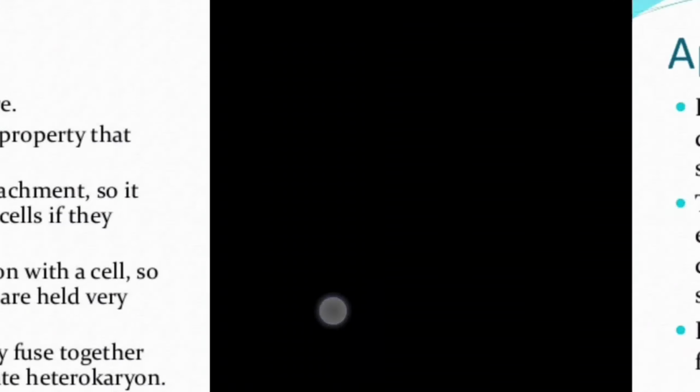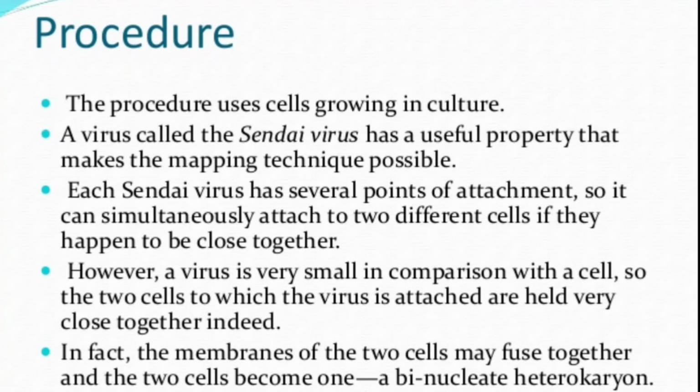Okay, now what is the procedure for somatic cell hybridization? Basically the procedure uses cells growing in cell culture. How come? Here the technique is using a virus called Sendai virus, which has a very useful property that makes the mapping technique possible.